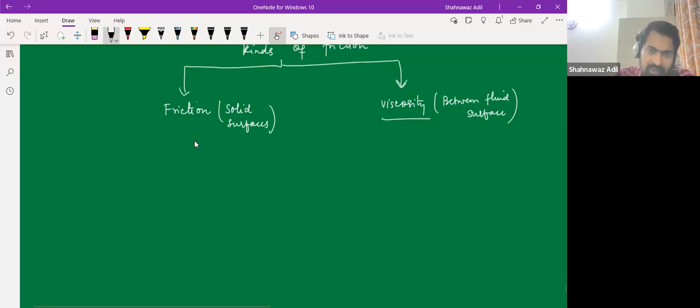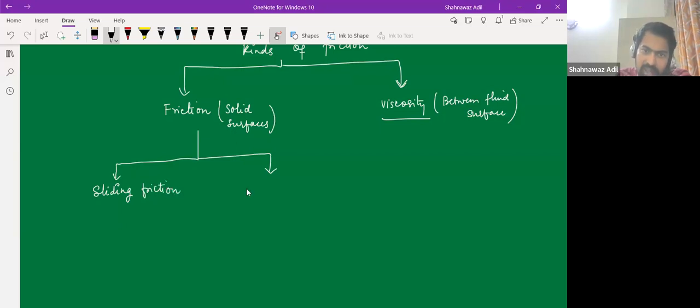Okay, and then we understood that this again has two kinds. One, which I wrongly wrote, was sliding friction, and the other one is rolling friction.